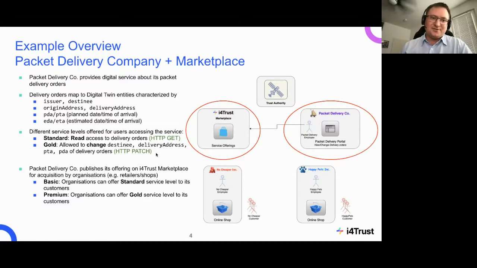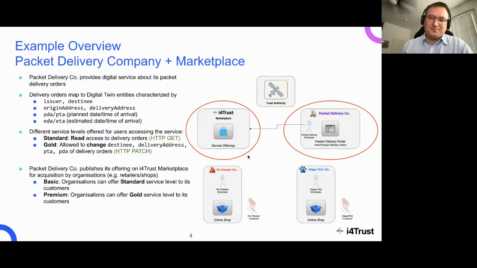For this service, there were 2 different service levels, standard and gold, the one only allowing read access and the other also allowing changes to certain attributes. In this case, I've shown only PTA and PDA, so technically either allowing GET requests or also allowing PATCH requests.